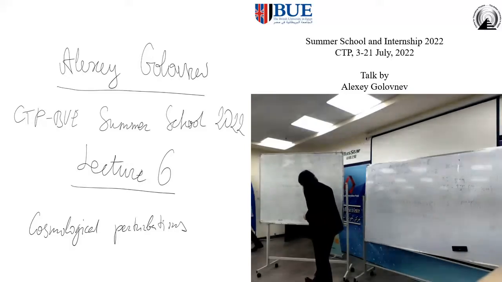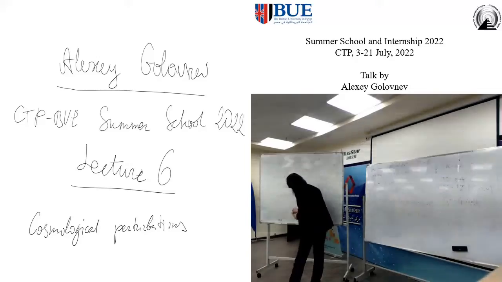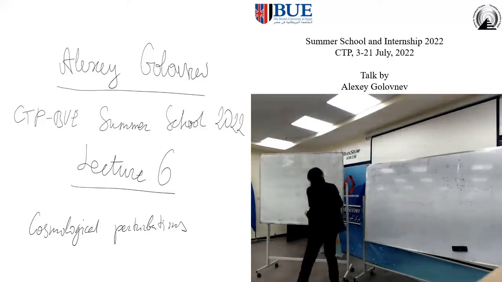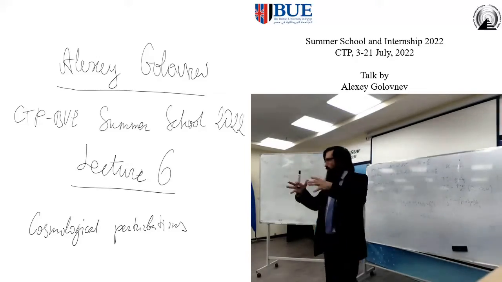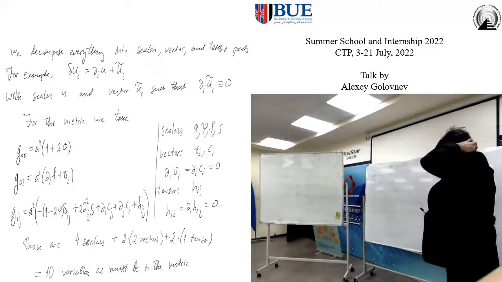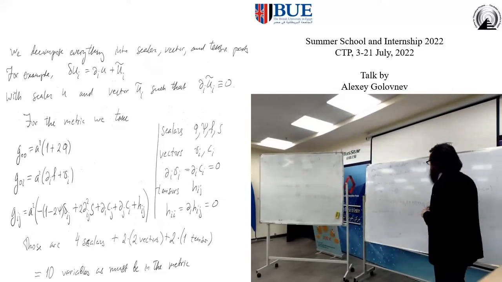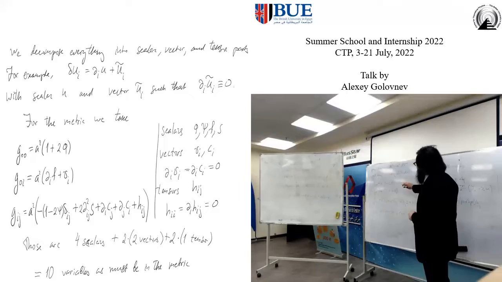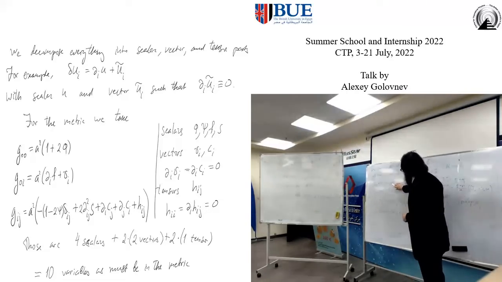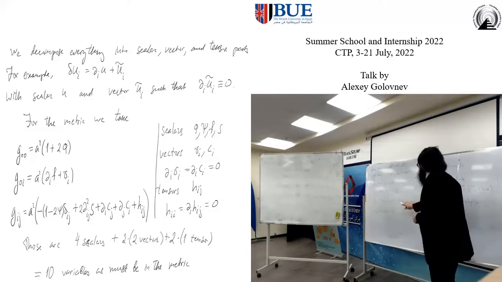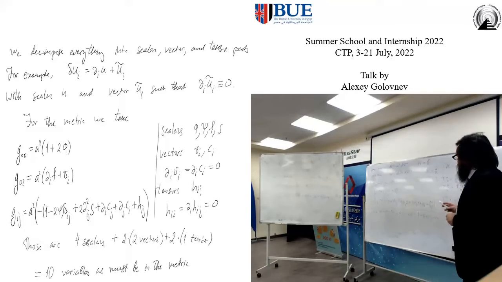So yes, that's the idea of separation of scalar, vector and tensor perturbations at linear order around my symmetric solution. And then after that, I go for parameterizing my perturbations of the metric in terms of 4 scalars, phi, psi, and so on, 2 vectors.